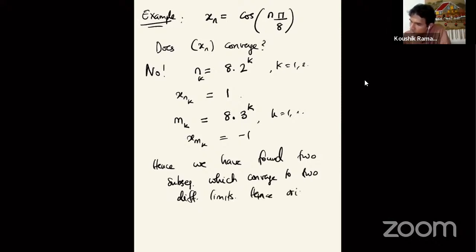Hence the original sequence x_n cannot converge. Is it fine? Do you have some questions on this? You should play around with these kinds of things. All you need to do to show that a sequence does not converge is produce two subsequences with 2 different limits.